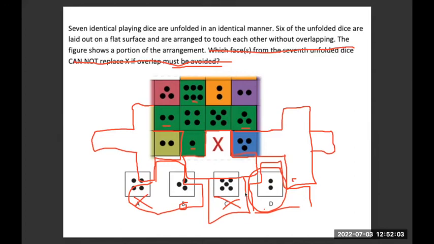That's why it's possible to place everything in an interlocking pattern, and that's why I will choose this to be the correct one. If I am asked कि यहाँ पे क्या आ सकता है, if it is asked कि क्या replace नहीं कर सकते, then yes, of course, we eliminated 4 and 5 straight away because they are bang in the middle here.